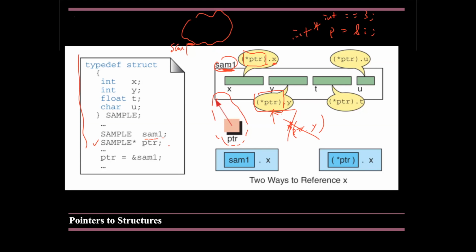So in order to fetch individual fields using a pointer pointing to this SAM1 object, we will need to dereference it first, and then we use the selection operator to get its respective fields. Doing this is the same as if we just used the object directly, SAM1 dot x. So these are equivalent. And also remember, PTR is the same as the address of SAM1 here, as this line illustrates.